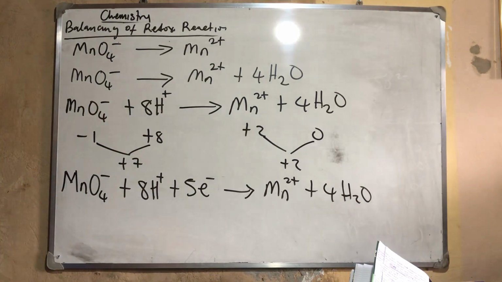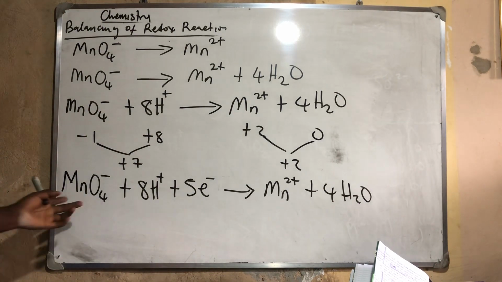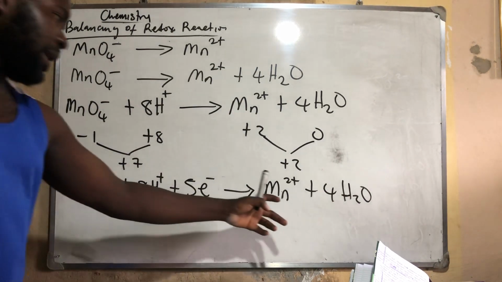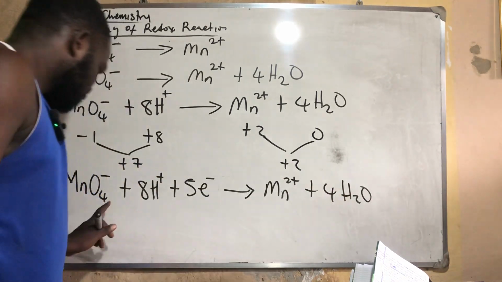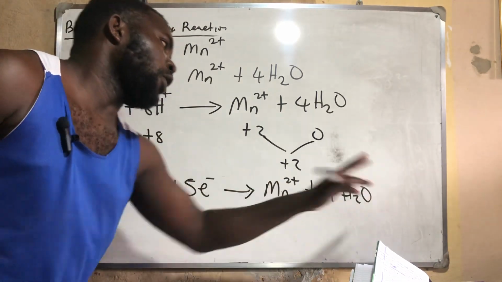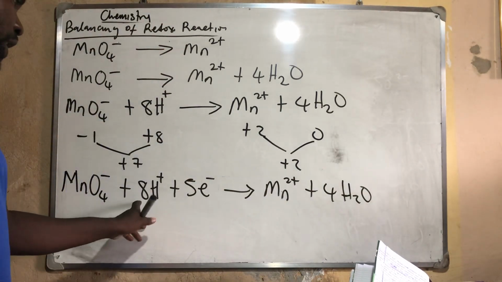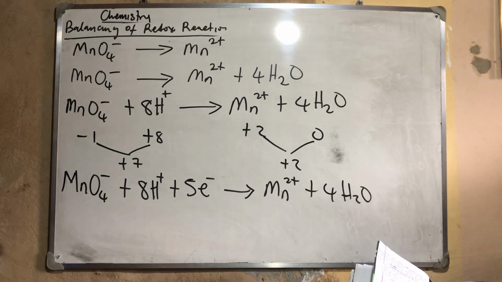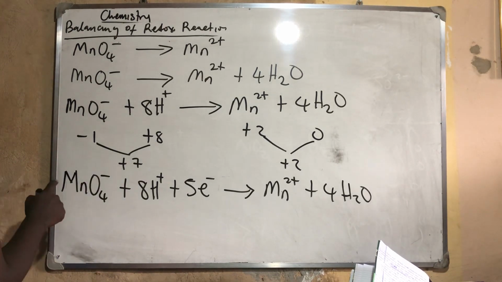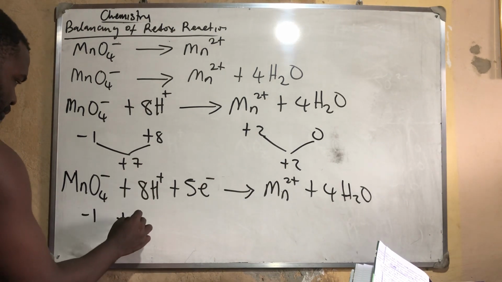You see? You are done. You can check if it is correct. Manganese is 1. Manganese is 1. Correct. Oxygen is 4 and oxygen is 4. Correct. Hydrogen is 8. Hydrogen 4 times 2, 8. So the elements are equal. Now let's go to the charge. The charge here is 1 times this is minus 1. 8 times this is plus 8.